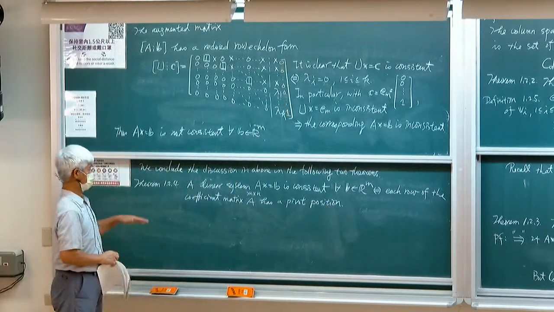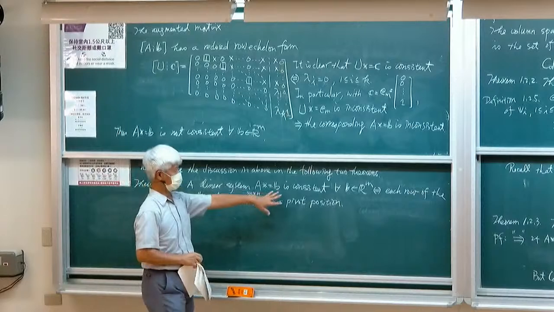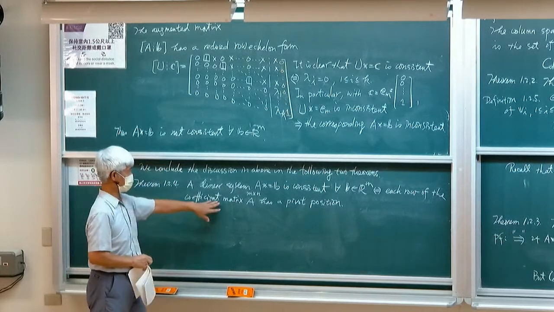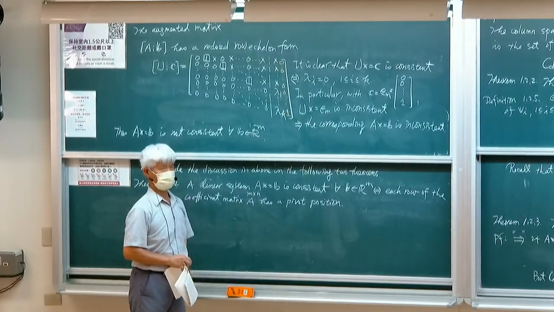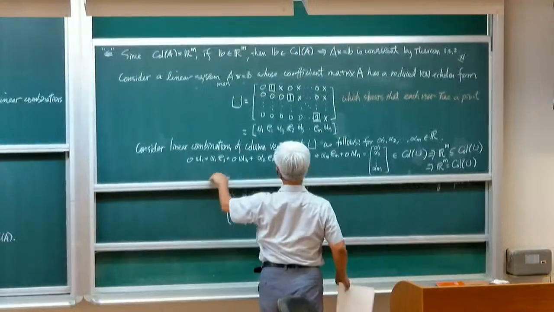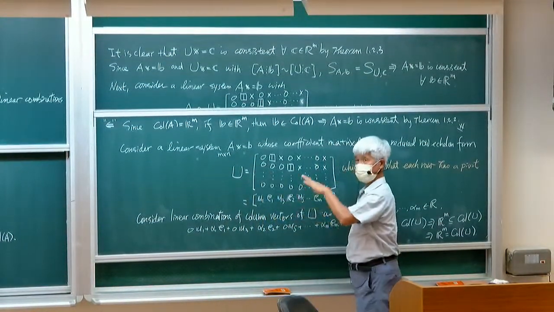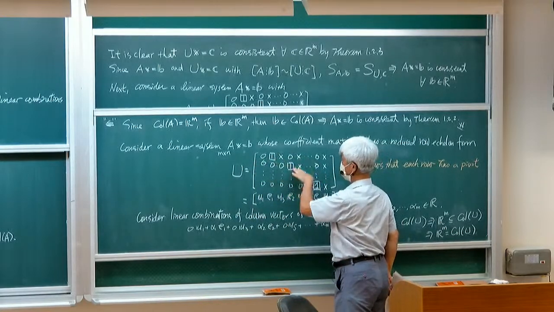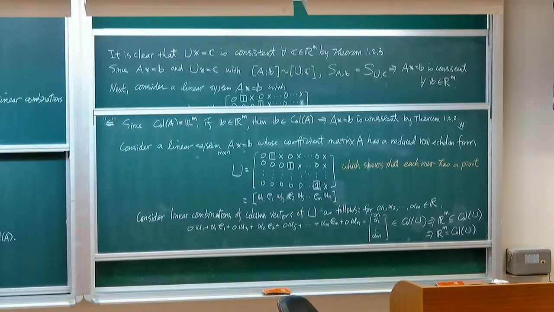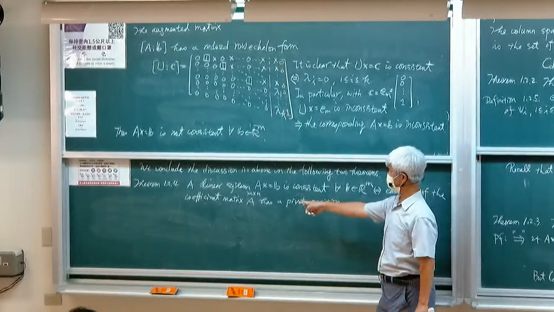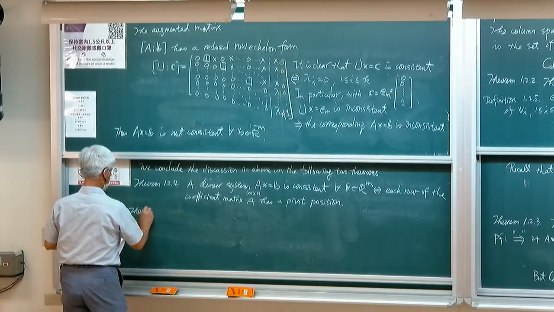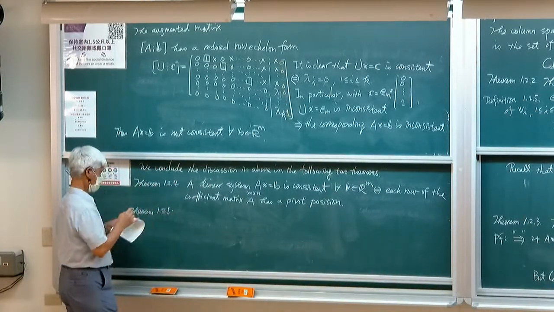So this is the sufficient and necessary condition that the coefficient matrix A has a pivot position, meaning that a reduced echelon form of A is such that every row has a pivot. Okay, this is the first theorem.